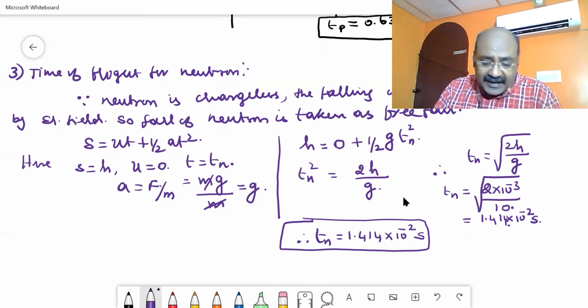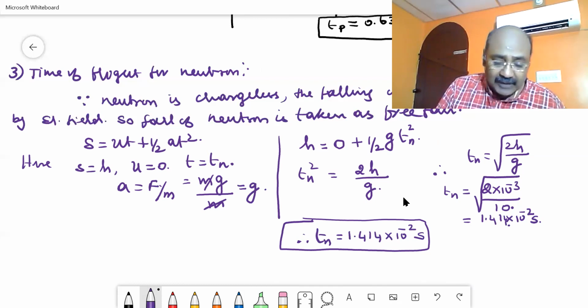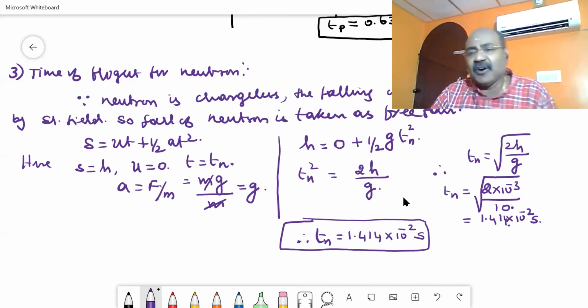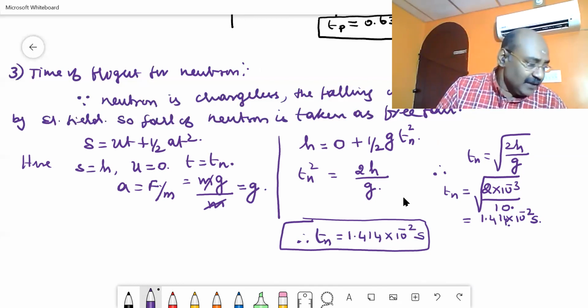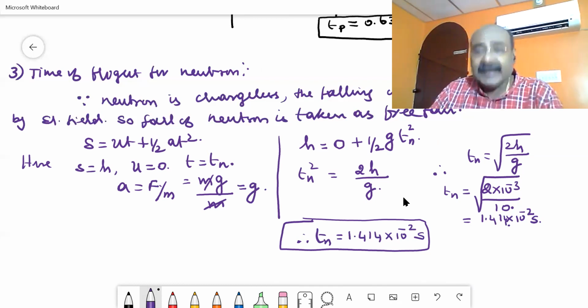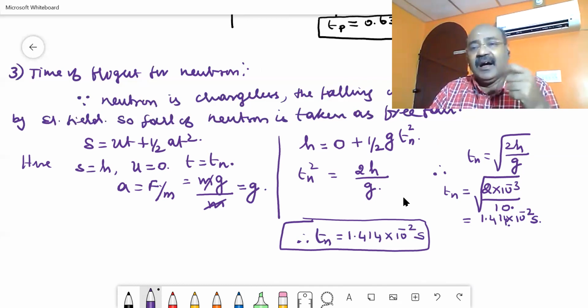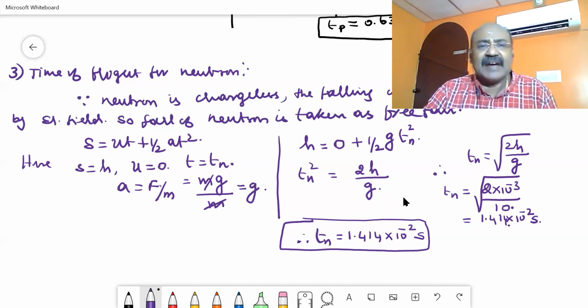Among the three, either electron or proton or neutron, which one will reach the bottom first? It is the particle which has the least time of flight. The particle which has the least time of flight will reach the ground faster. So which one has the least time of flight? Let us take it out.